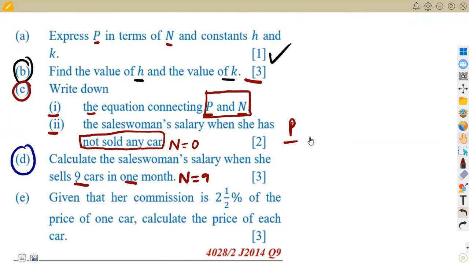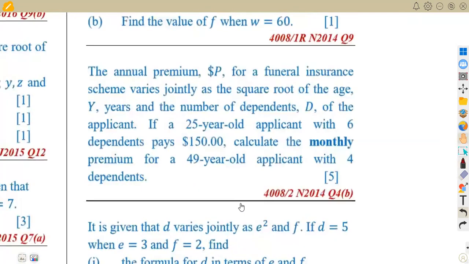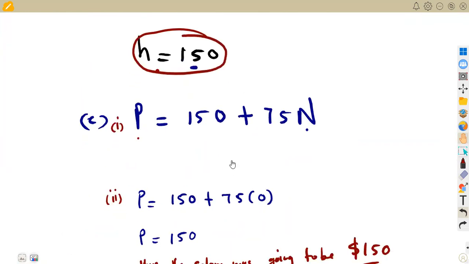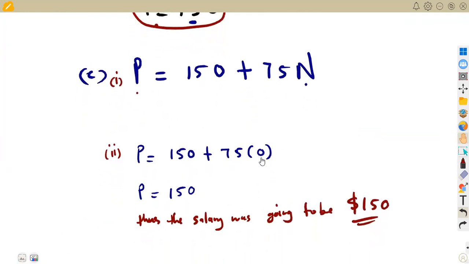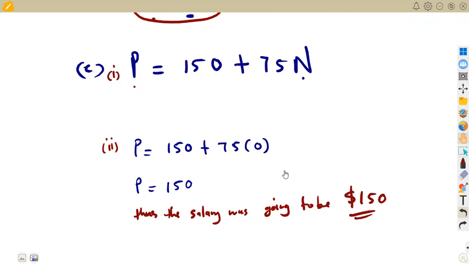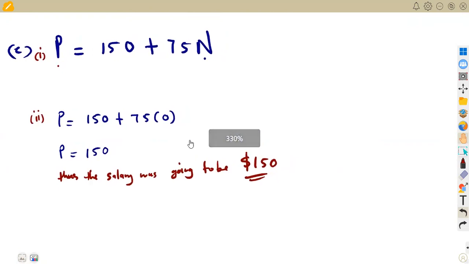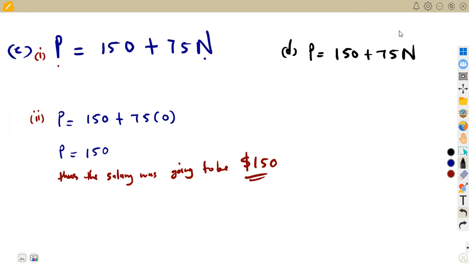It's just a continuation, just a substitution, just like the previous part where we said the number of cars was 0. Remember, we already have the relationship between the salary and the number of cars with the constants. Now we are given that she sold 9 cars, so the value of N is 9.